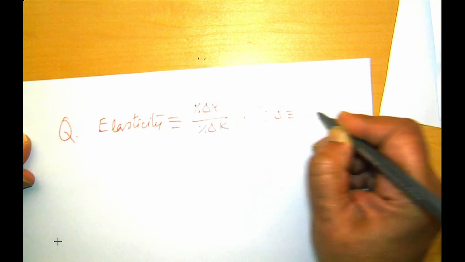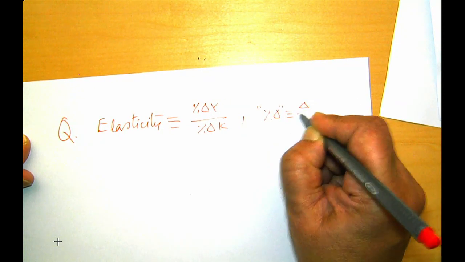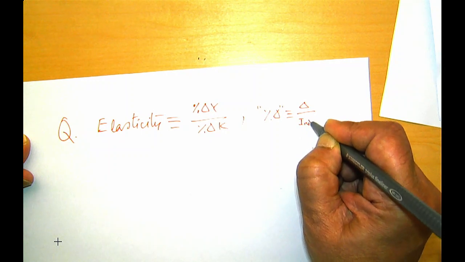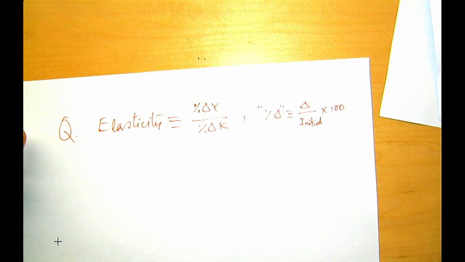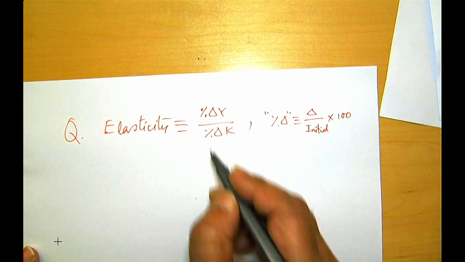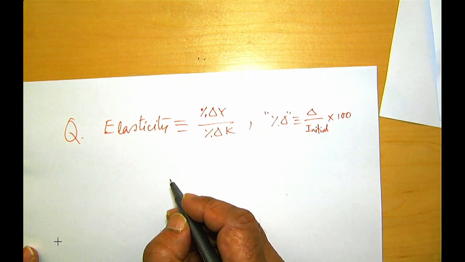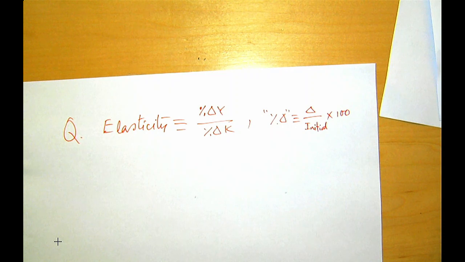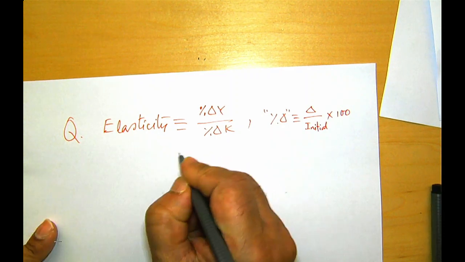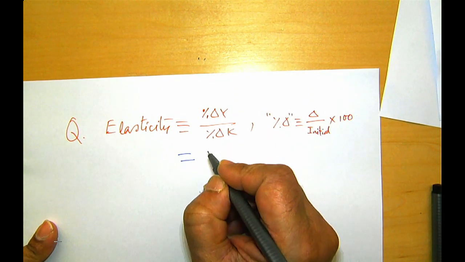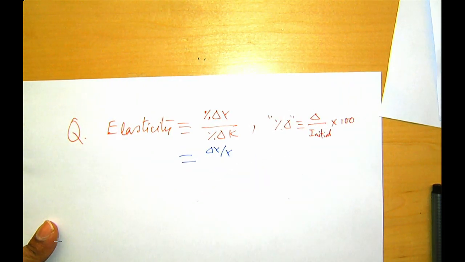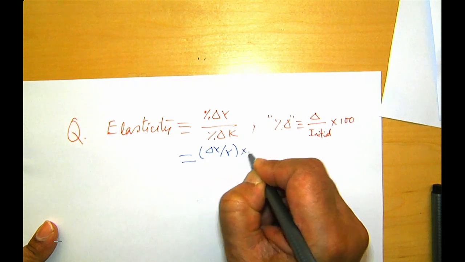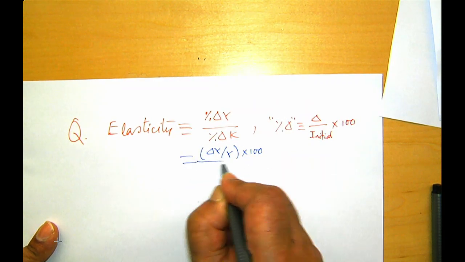This symbol is simply change over the initial, and then you multiply by 100. So the percentage change of y will be change of y divided by the initial y, and then times 100.